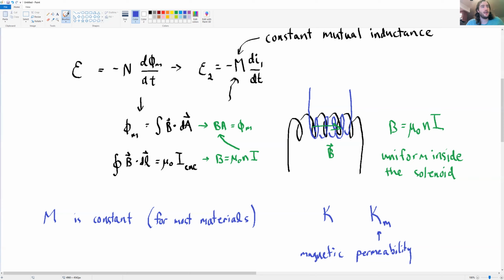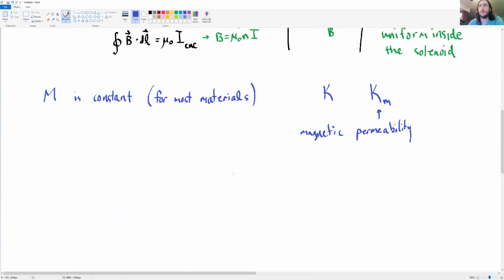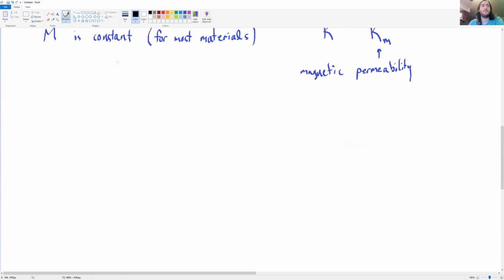Okay, just to quickly reiterate: in some cases, you'll see this expression written down with 2 subscripts on the M, but your book will show you pretty quickly that indeed it's the same mutual inductance for the same 2 solenoids.